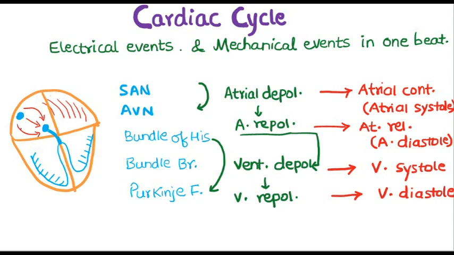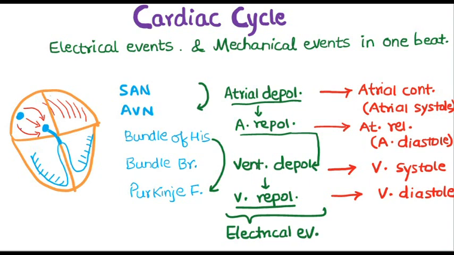Now we can see that the events such as depolarization or repolarization of the chambers of the heart are known as the electrical events. And these electrical events lead to certain mechanical events in the form of systole and diastole.